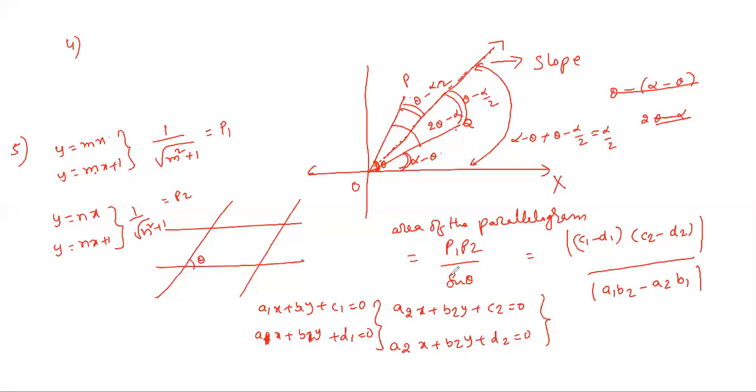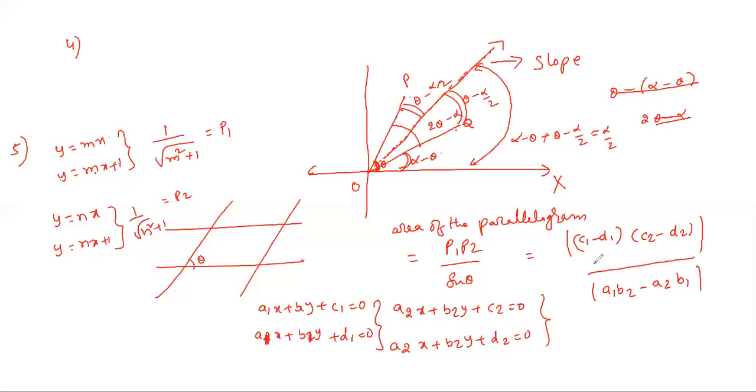We have written this formula, P1 P2 by sin theta, for the area of the parallelogram. P1 P2 are the distances between the parallel lines, and sin theta is the angle between the non-parallel lines.